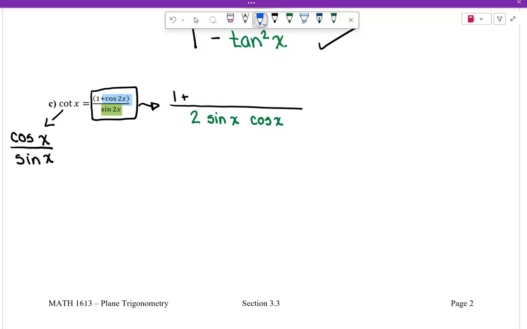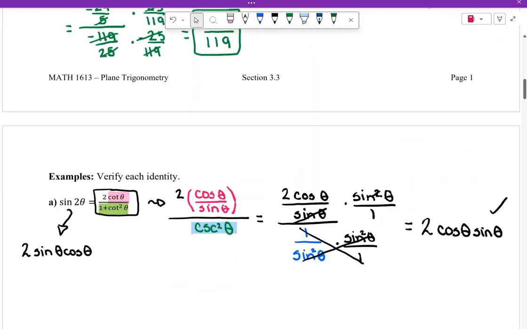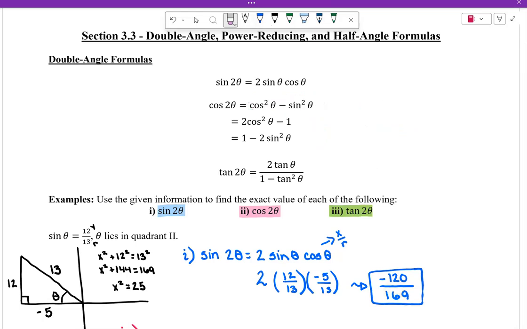Let's go back up and see. I'm going to erase this. No, I think I want to go with the last one on this one. Let's try the last one.